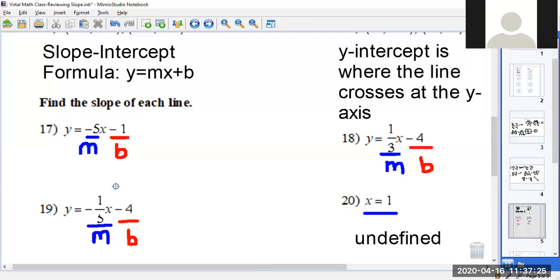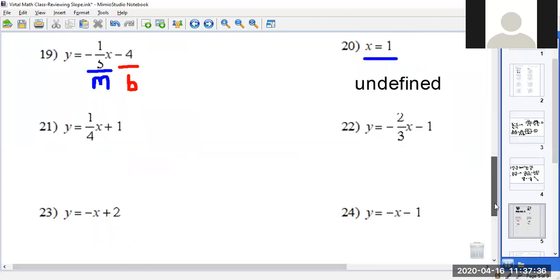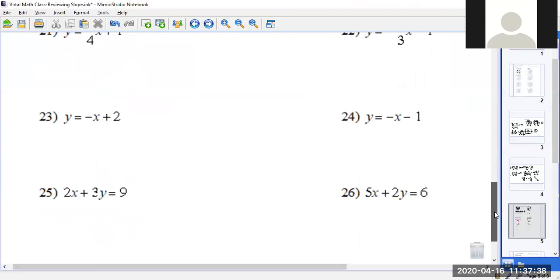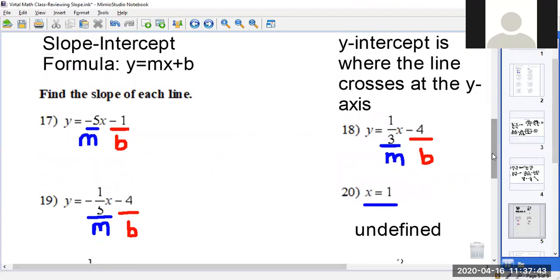I don't know if it's on this page or not, but let me scroll down to see. Nope, it's not on here. So I will write an example of what a zero slope equation would look like.